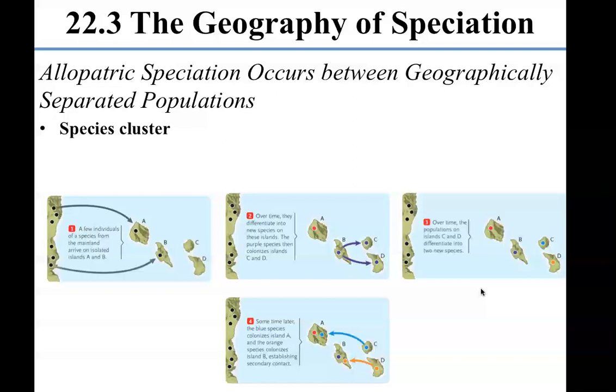We see this frequently: species clusters often show up on island systems where you've got some allopatric speciation going on, some geographical separation.